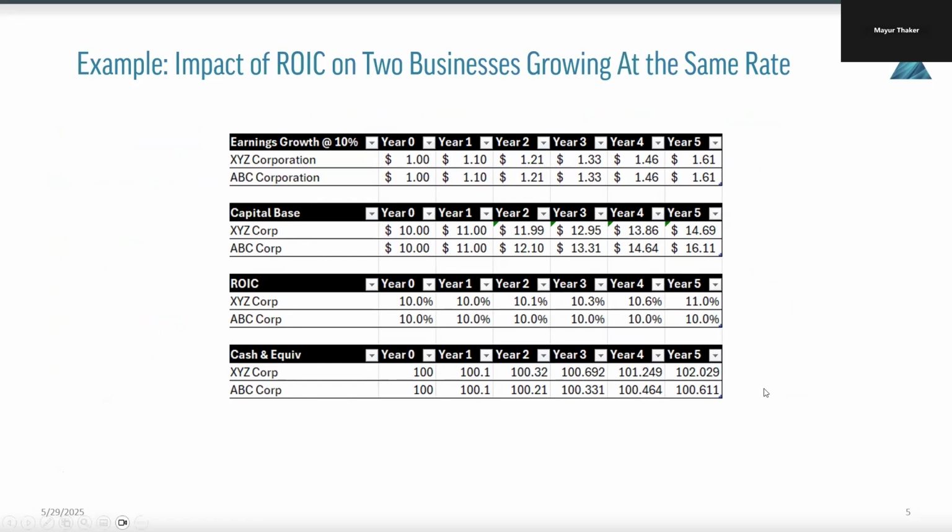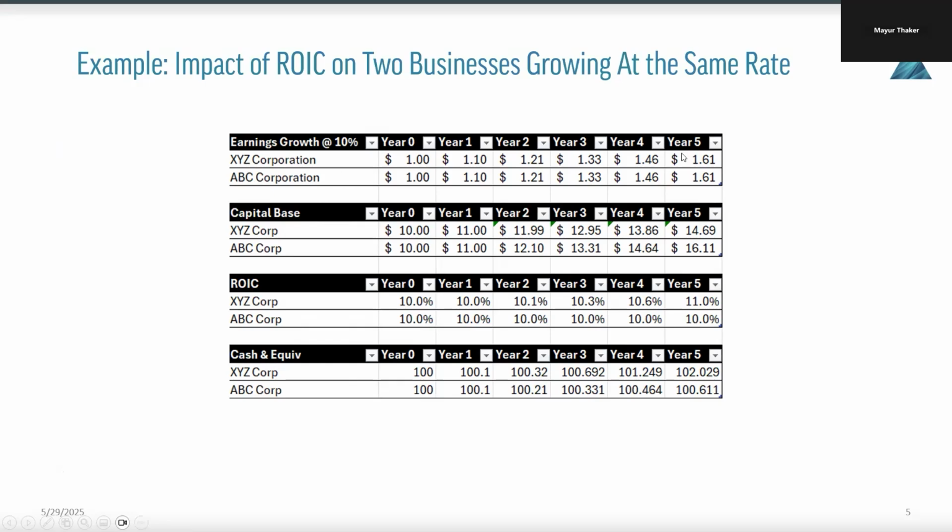After year one, both companies are earning $1.10, then year two, $1.21, $1.33, $1.46, $1.61. So after 5 years, with both compounding at 10% per annum, both companies will be earning $1.61 per share. Theoretically, they have the same exact growth, so in theory, they should have roughly the same return in the market.